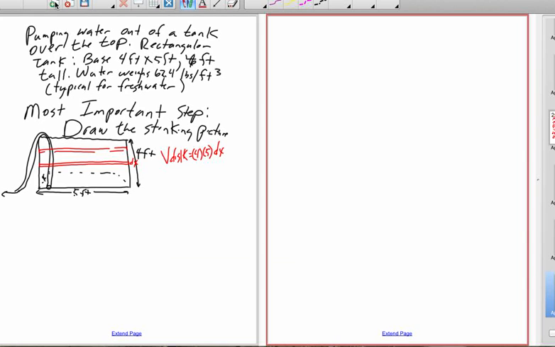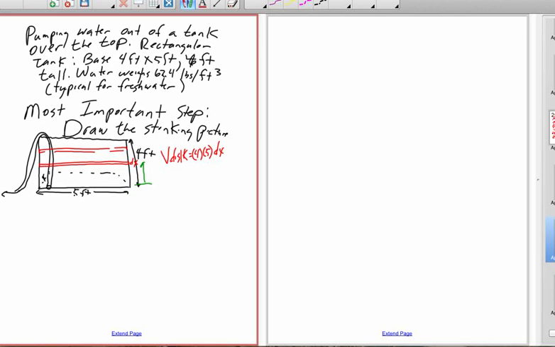Now, the other thing is I'm going to set my x up here as being feet up. So there's my x. When we're pumping this out, this disc is going to have to come up and out.